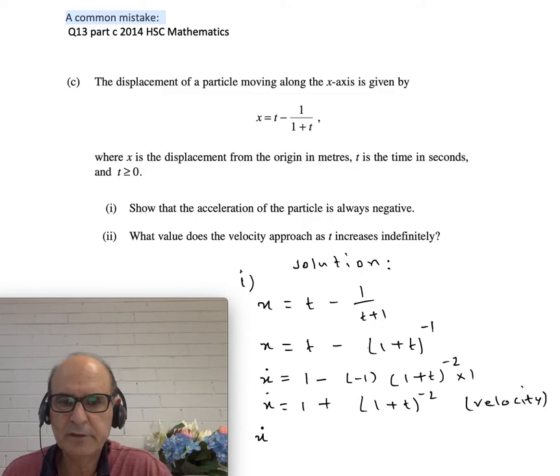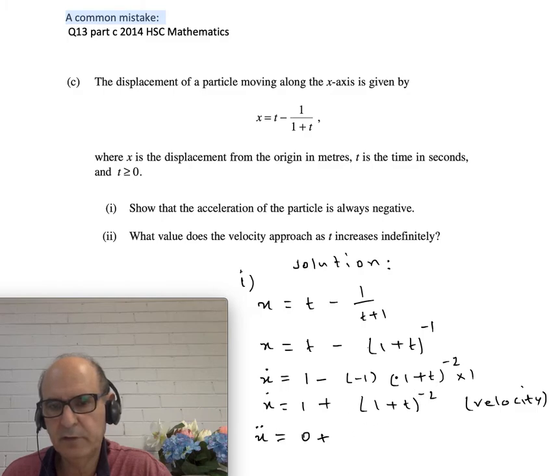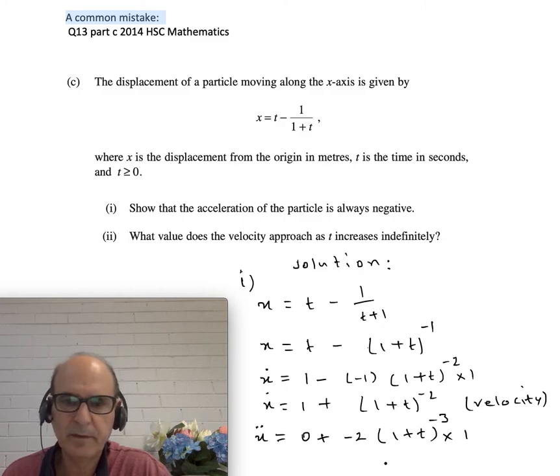Then I differentiate this once more to get to acceleration. Derivative of 1 is 0. And again here, plus the derivative of this bracket taken to the power of minus 2 is minus 2 times (1 plus t) to the power of minus 3, drop the power by 1, and times by the derivative of the expression inside the bracket, which is 1.